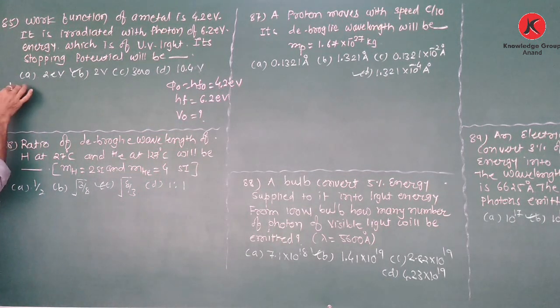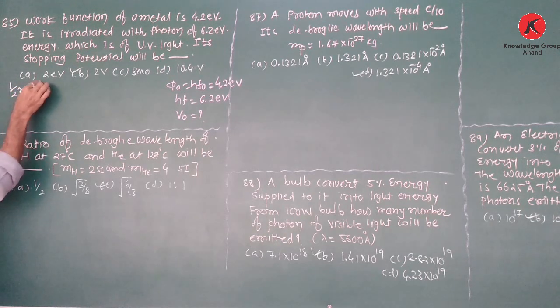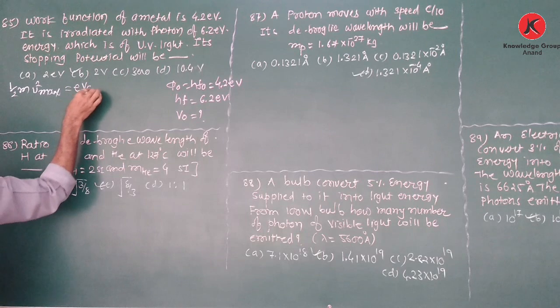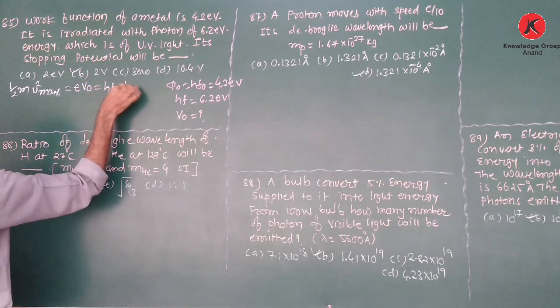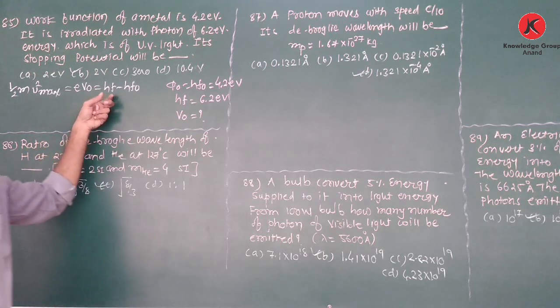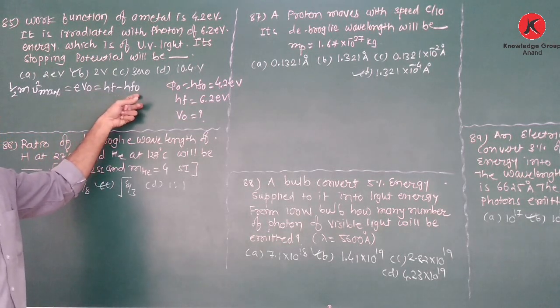From Einstein's photoelectric equation, half m v square maximum is equal to eV0 is equal to hf minus hf0. hf is the energy of the incident photon. hf0 is the work function of the metal.